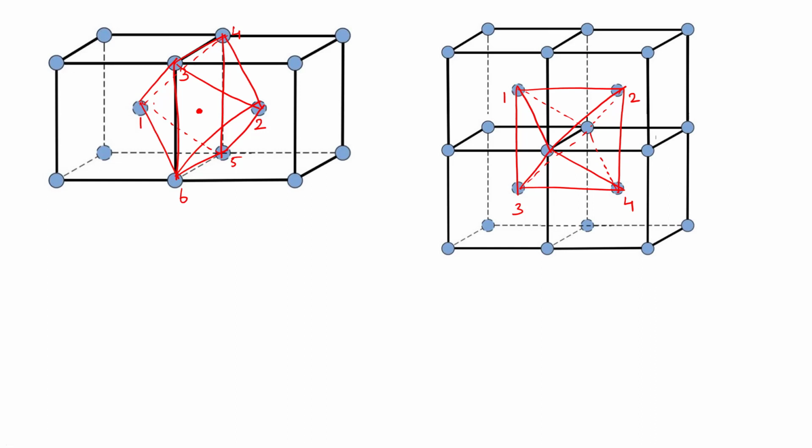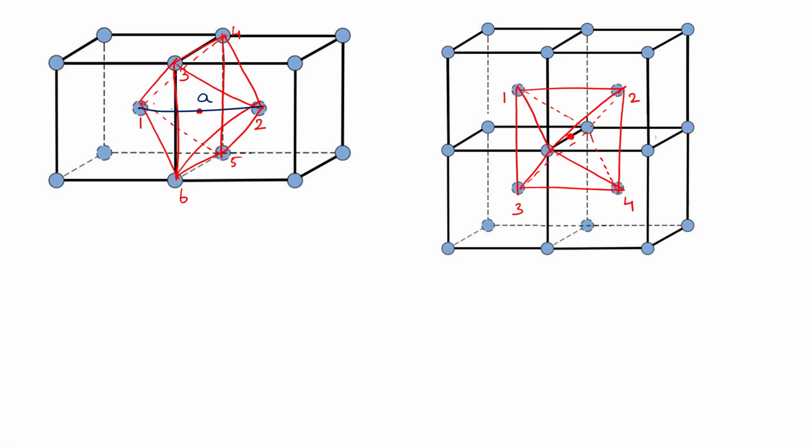Here, the octahedral void is located at the center of the common edge. Considering any one of the cases, we can find that the distance between the body-centered atoms is nothing but the lattice parameter a.